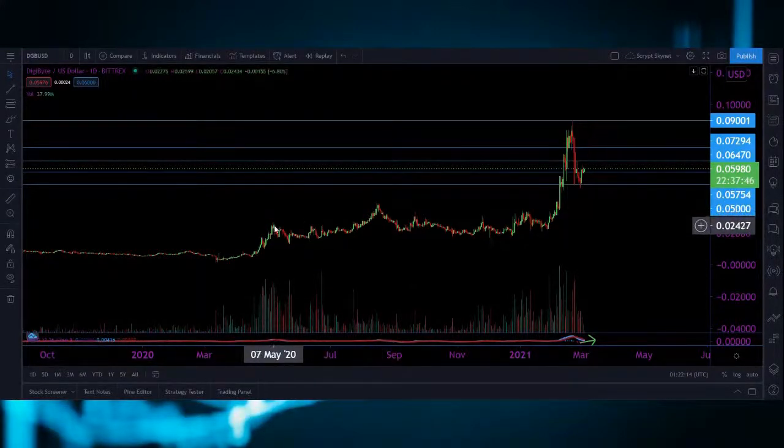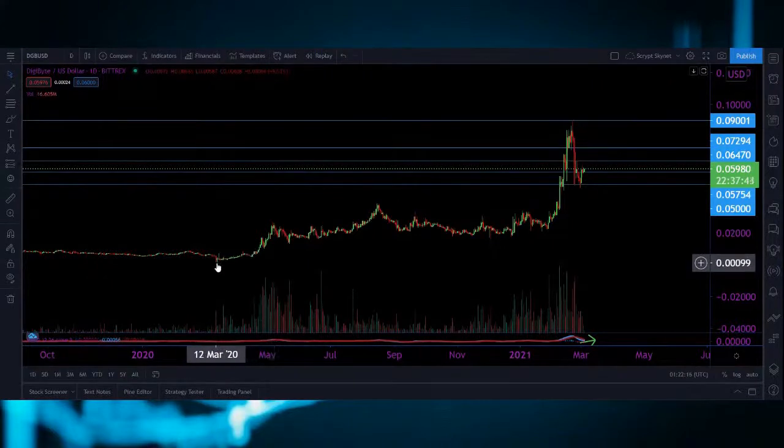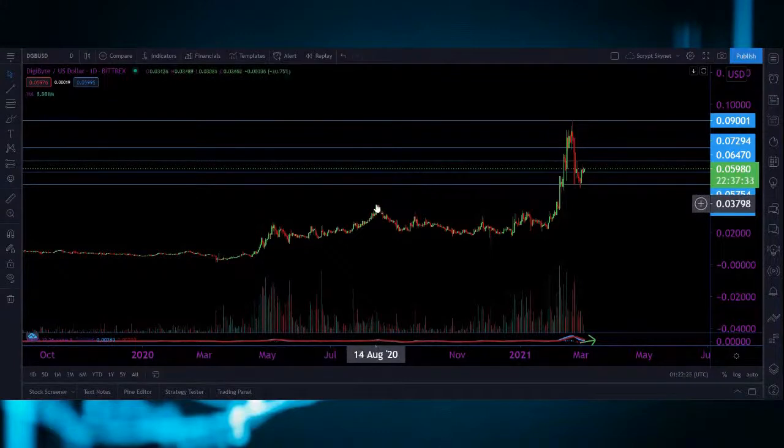I mean, it went basically from 0.0017 all the way up to almost 4 cents. So that was a huge gainer. We popped and we consolidated sideways and then finally broke out to new recent levels. So I think that's what's going to go on here if DigiByte doesn't just blow up.